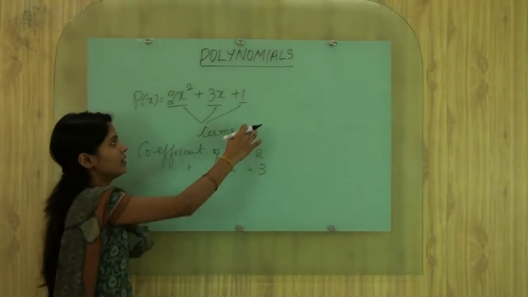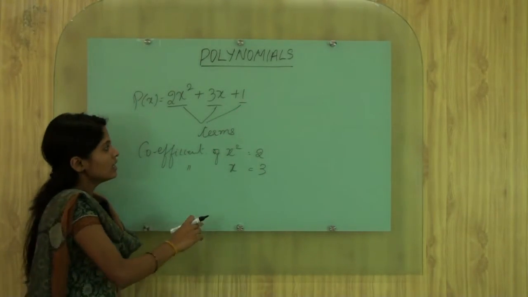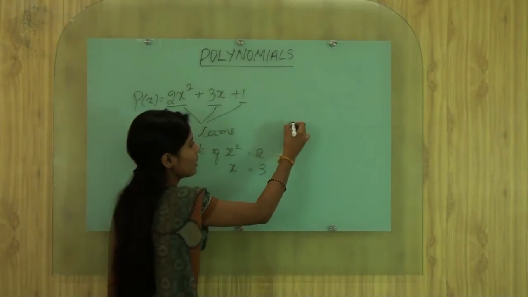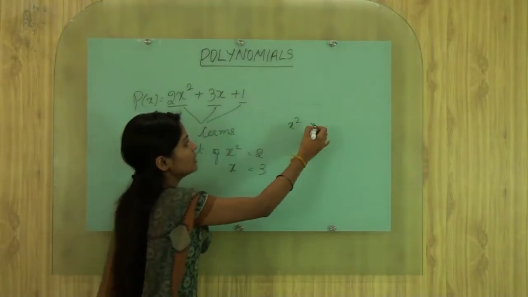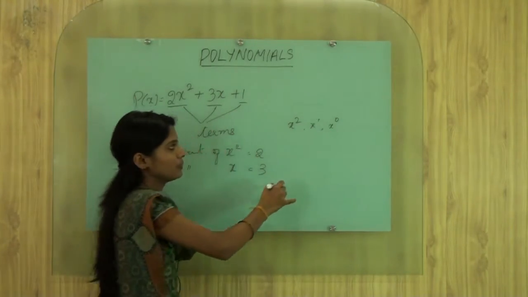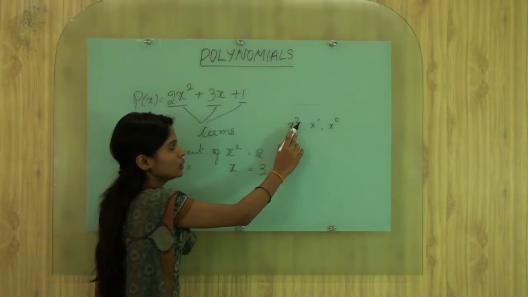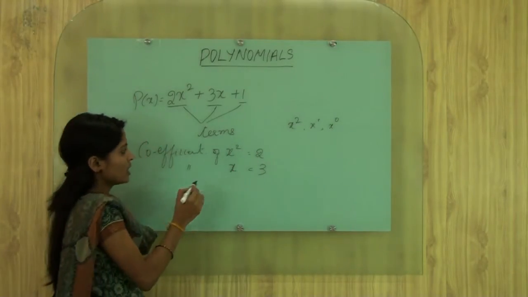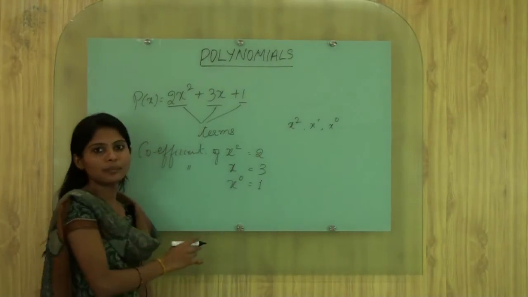And what is the coefficient of x to the power 0? See, here we have x square, the next term is x, the next term is x to the power 0. The degree or the power goes on decreasing, 2, 1 and then 0. The coefficient of x to the power 0 is 1.